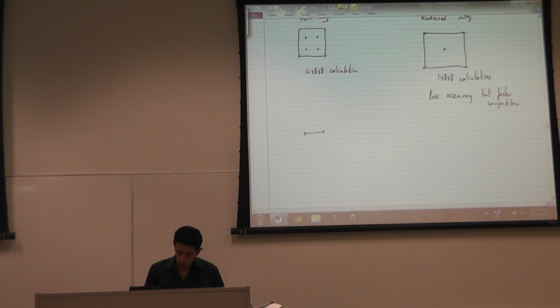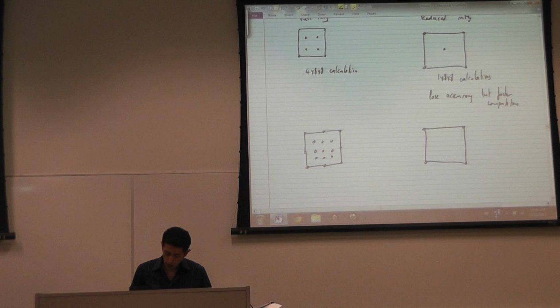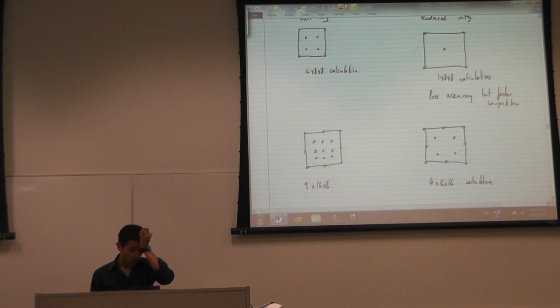And for the non-linear version, when you click on reduced integration, instead of doing the calculations 9 times, you utilize the lower order, so 4 integration points. So instead of 16 by 16 by 9, use 4 by 16 by 16 calculations. Loss of accuracy, but faster computations.